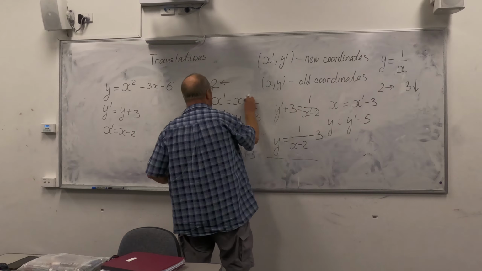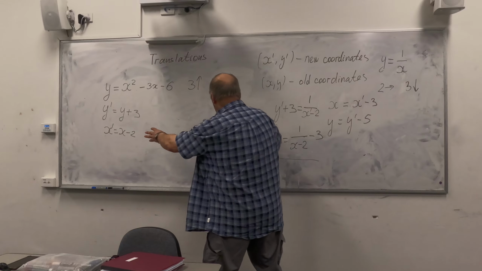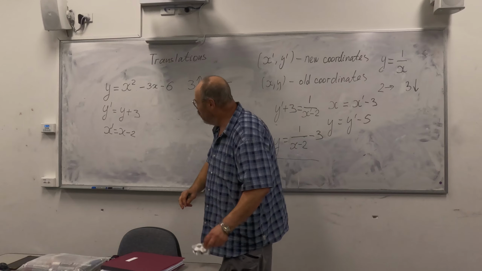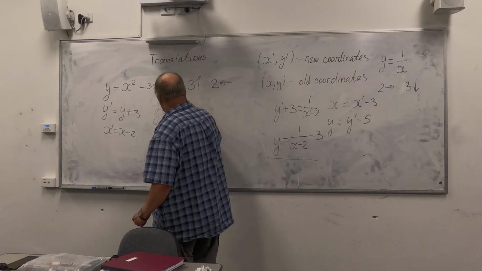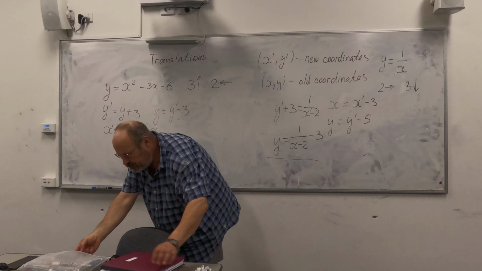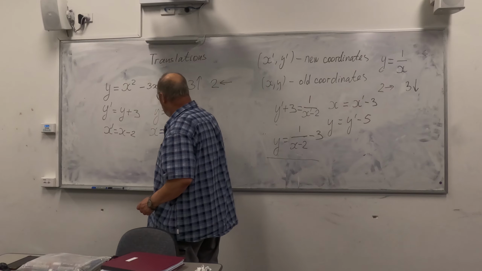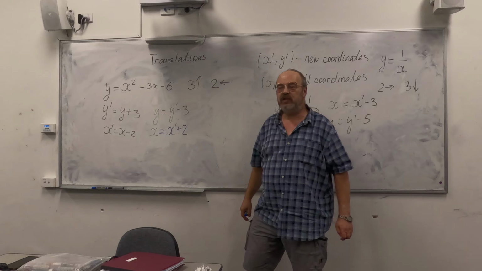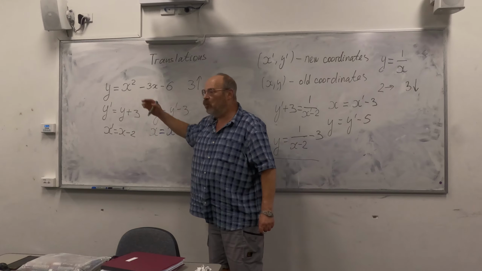Next step, we rearrange those. This is called mapping notation. So y = y' - 3 and x = x' - 2. And let's substitute those expressions into our equation.